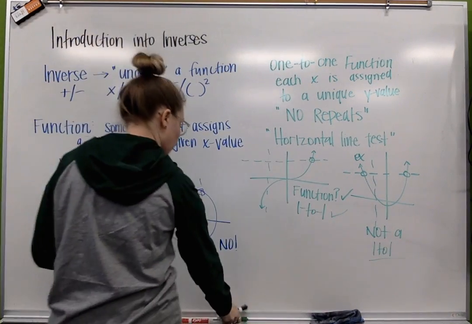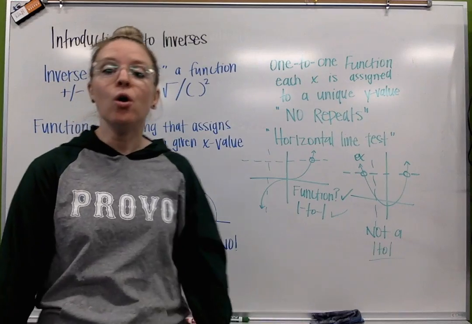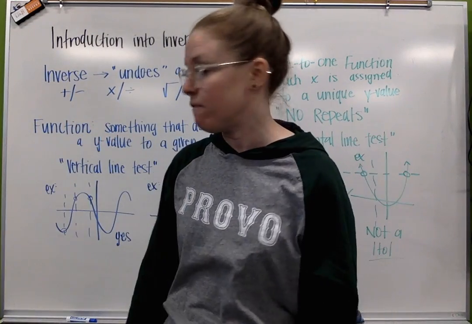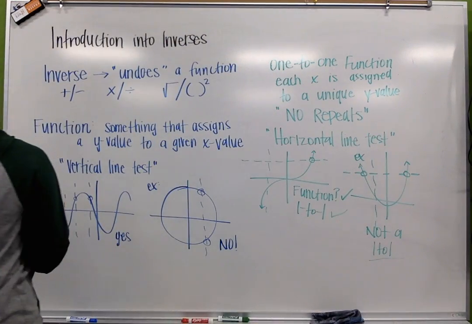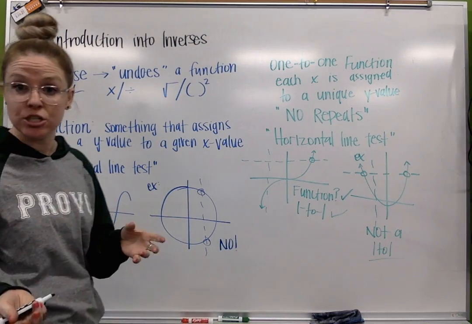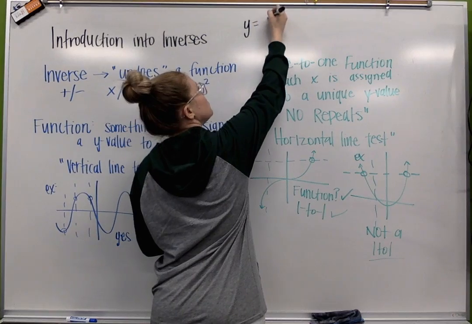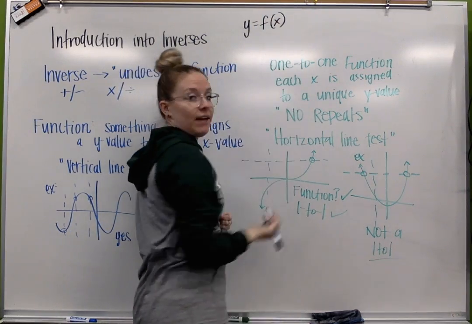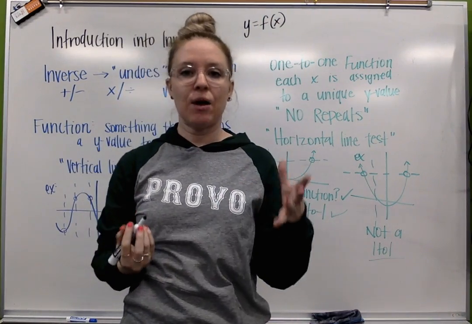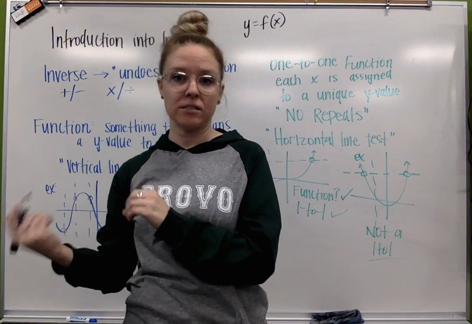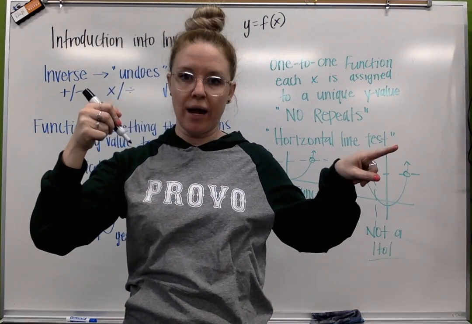So the last thing I want to introduce you to right now with our vocabulary is our notation. Functions, you've seen that written as y equals f of x. F of x is how we say the function of x. Plug in x, it spits out y.